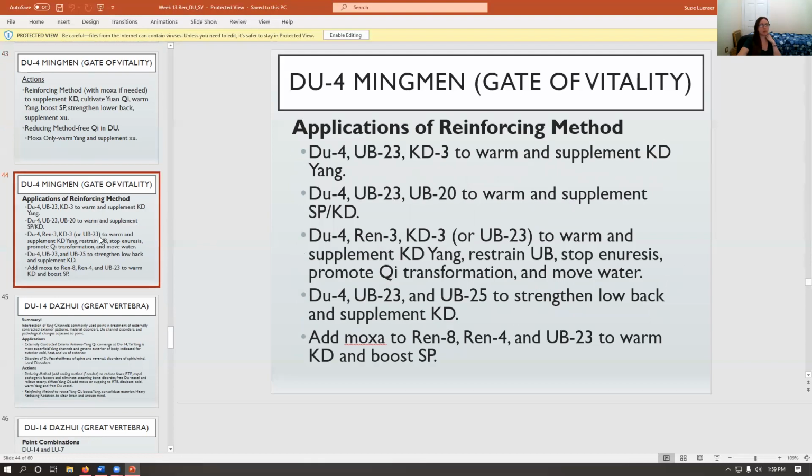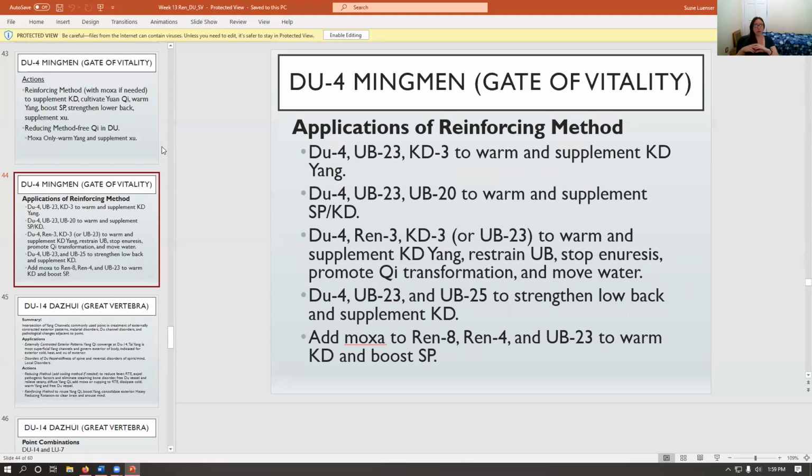We'll move on to some point combinations. With UB23 and Kidney 3, we're really going to be working on warming the kidney yang. With UB23 and UB20, that's going to be spleen and kidney, right? Ren3, Kidney 3, or UB23 is going to help boost kidney yang and help with urinary issues.